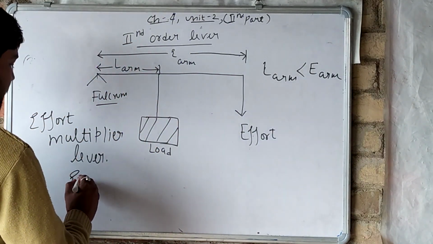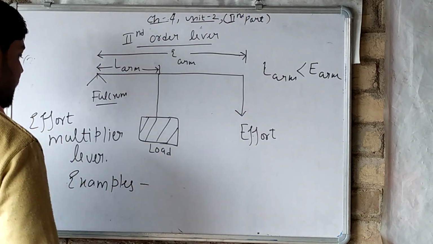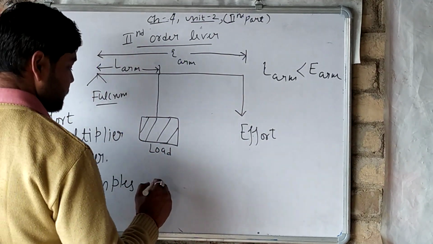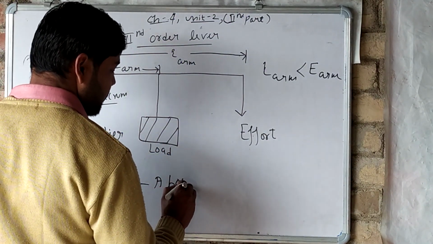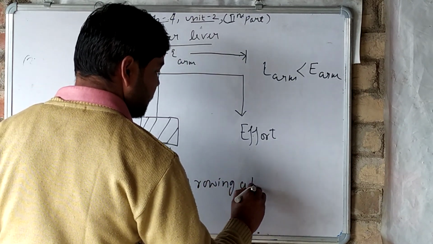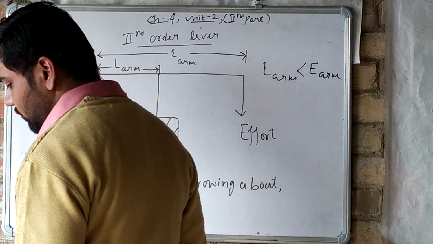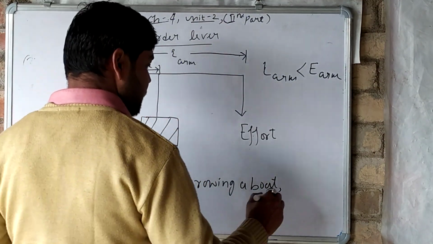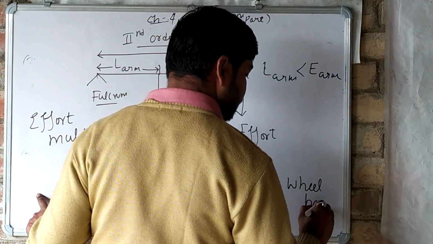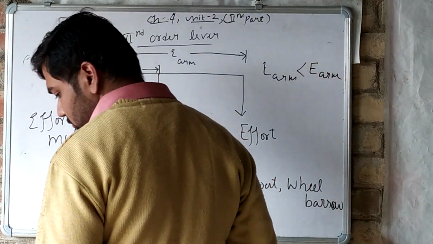Now examples of second order lever, okay. Examples, as given in the book: a boy rowing a boat, and second, a wheelbarrow.